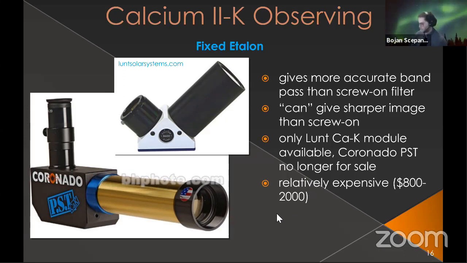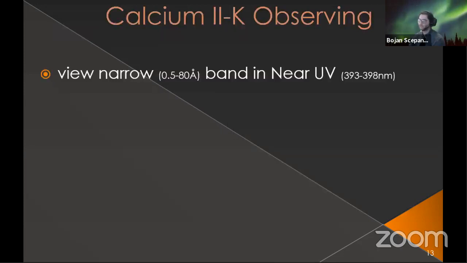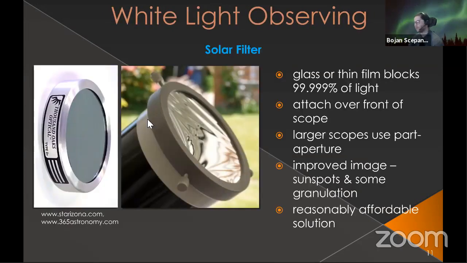Yes, so going back. If you have any telescope, really, you can buy one of these glass filters or mylar film filters, which are quite affordable, maybe $100, $150. And you can plug that into any telescope and do white light observing.